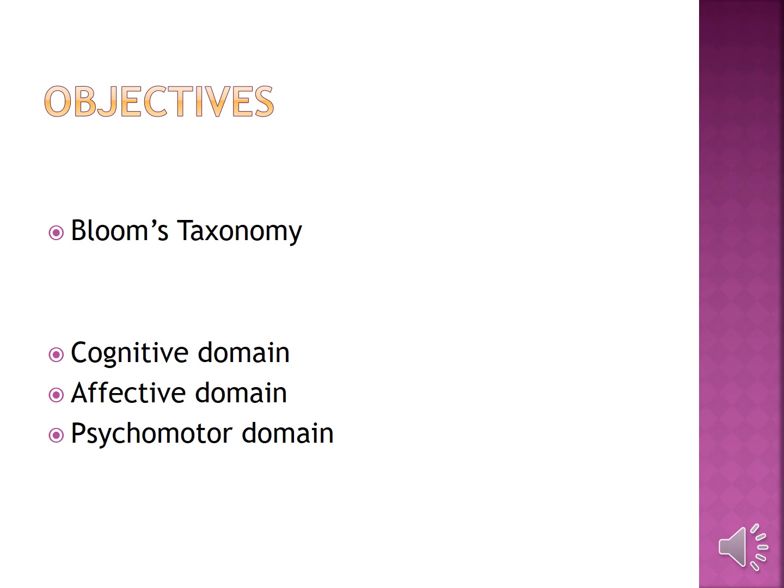Dr. Benjamin Bloom gave us this particular taxonomy in 1956. Taxonomy is nothing but classification, categorization, and this categorization is in three domains: cognitive domain, affective domain, and psychomotor domain.